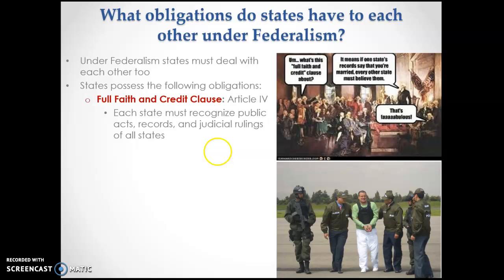So, for example, if I wanted to have a getaway marriage and I wanted to fly to Hawaii and get married in Hawaii, right? What would guarantee that I come back to Colorado and Colorado doesn't say, hey, we don't recognize Hawaiian marriages, would be the full faith and credit clause: that I entered into a legal contract in the state of Hawaii, and that legal contract has to be honored in other states too.